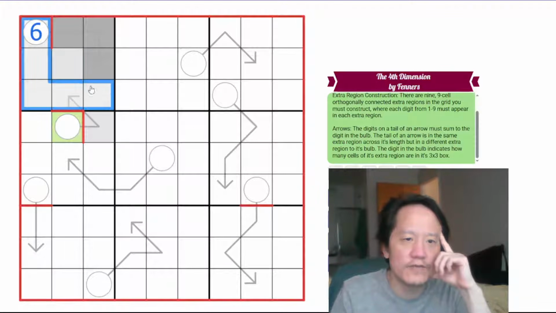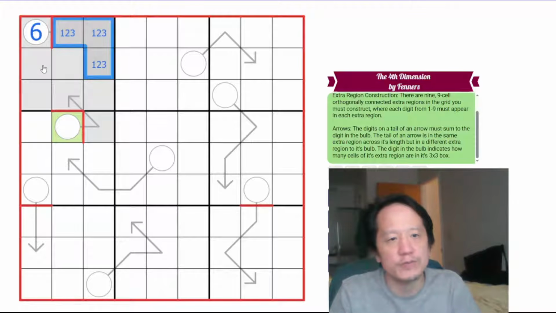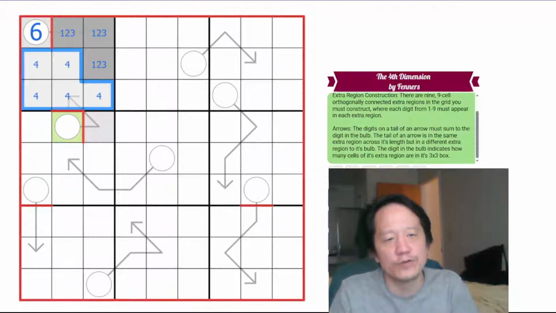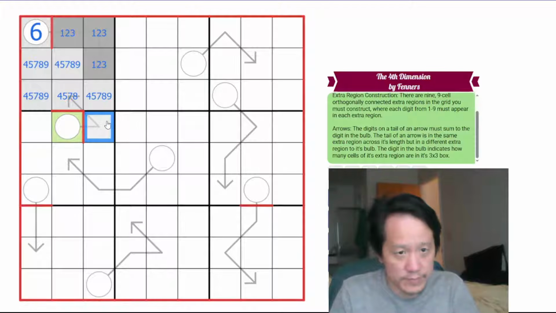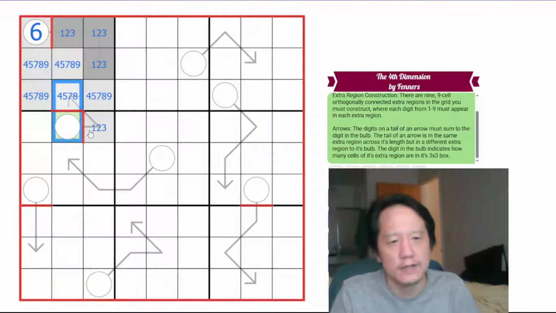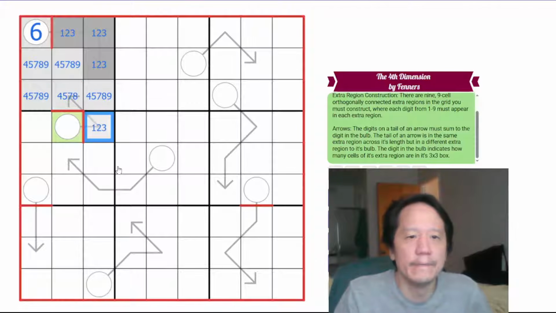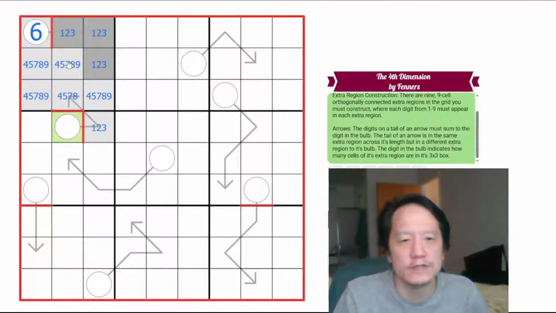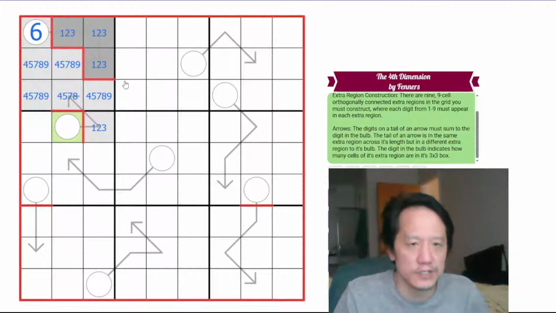So we have 7 here. This must be 1, 2, and 3, which means the remaining digits are 4 through 9. It can't be 6 here. This is 2 digits adding up, so this can't be a 9 here. This is 1, 2, or 3 because those are the only digits remaining in the light region, right? So this is done as a region here.